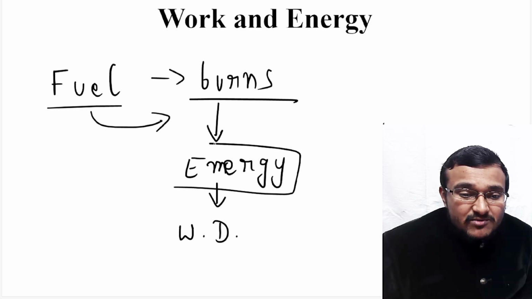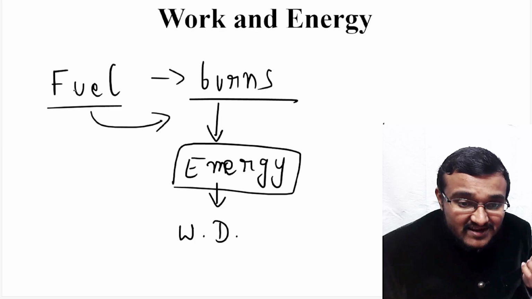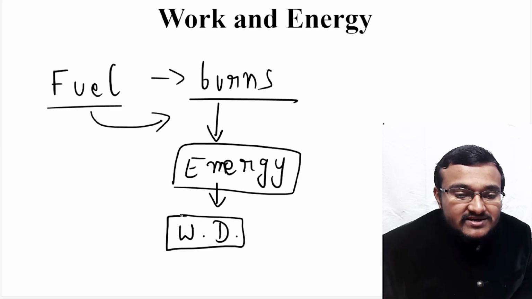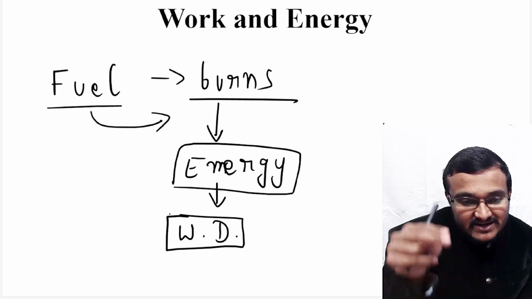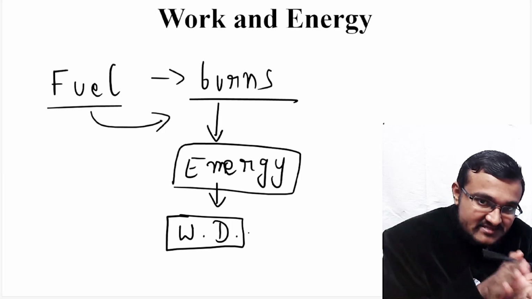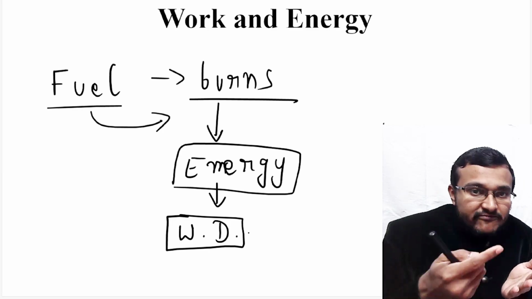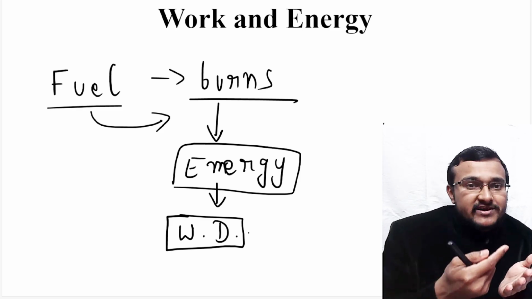That energy is responsible for doing the work, so that much energy will generate work done. Whenever a driver presses the acceleration pedal in his car, he is burning more fuel in order to get more energy, in order to get more work done.